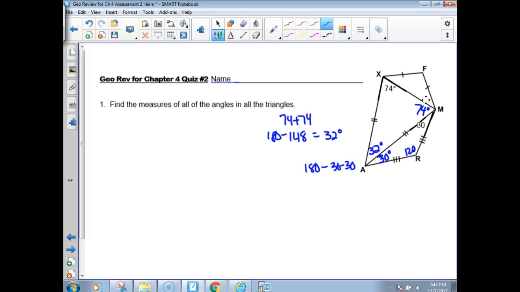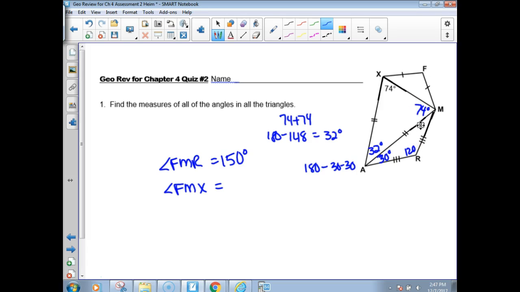All right, then let's say I gave you that angle FMR was 150 degrees. And then I asked you to find angle FMX. So if I gave you FMR, that would be this entire angle here.